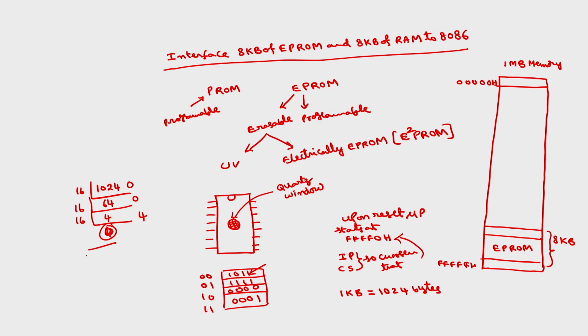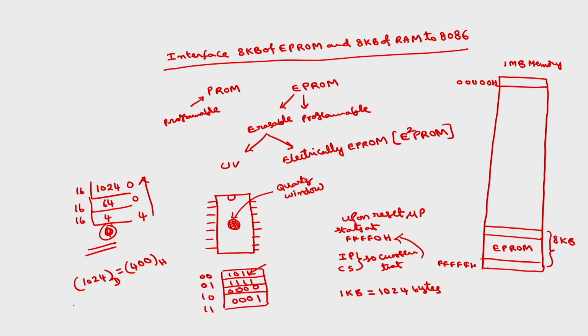You have to stop here when you get the quotient as 0. Then you have to read from bottom to top. So, 1024 decimal is equal to 400 hexadecimal. So, 1 kilobyte means in total it will be 400H.